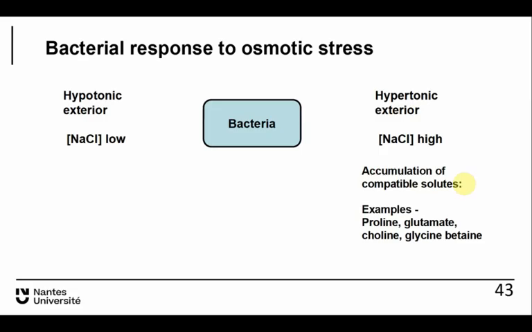So amino acids like proline, glutamate, and then some things like glycine betaine, which is this thing here. Okay, so if this was NH3 plus, that would be glycine, right?